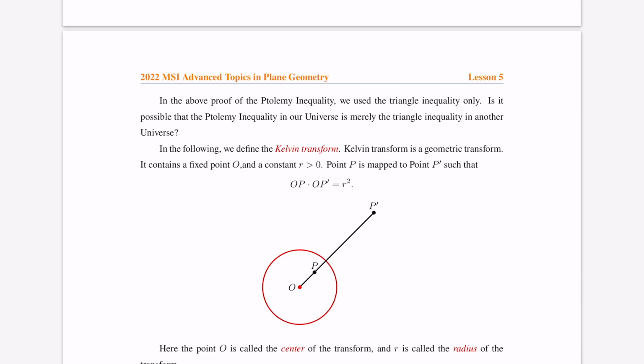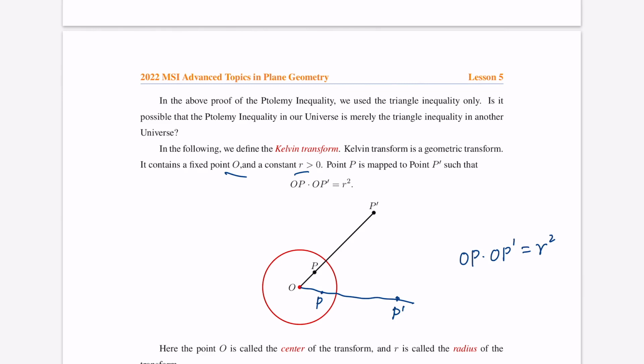So to start, a Kelvin transform comes with a fixed point O and a positive constant R, where O is called the center of the transformation and R is called the radius of the transformation. For any point P on the plane, I can draw a line and define the point P prime in that direction so that OP times OP prime is equal to R squared.